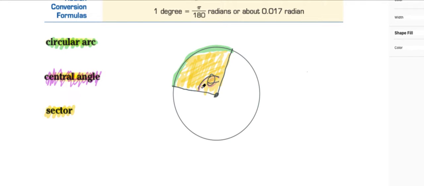How I remember this is that the sector is like a slice of pizza. The circular arc is the crust of the slice, and the central angle is the angle that the pointy part of your pizza makes. With that, let's move on to a few examples.